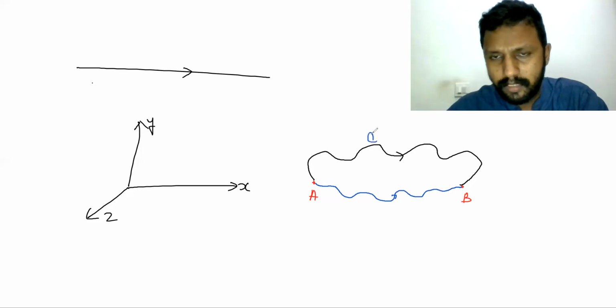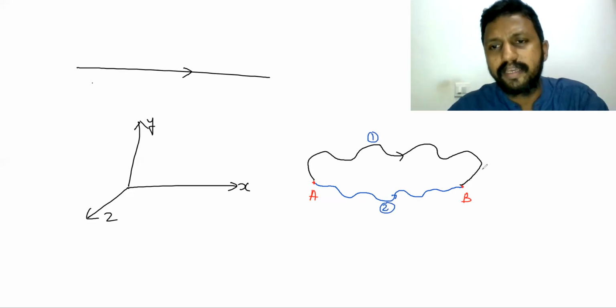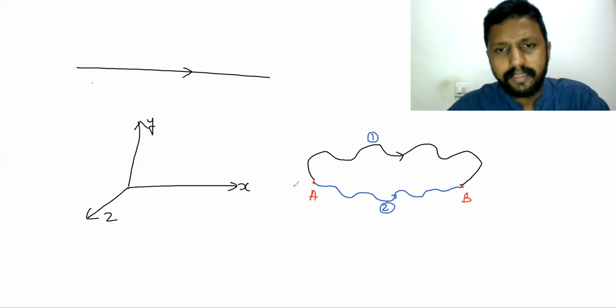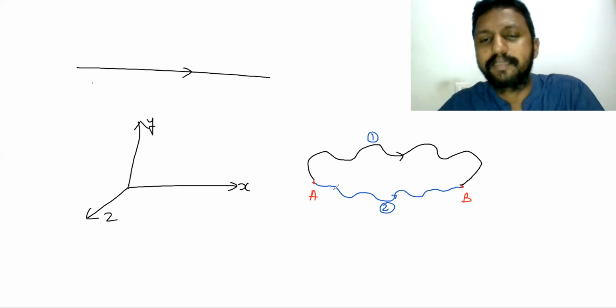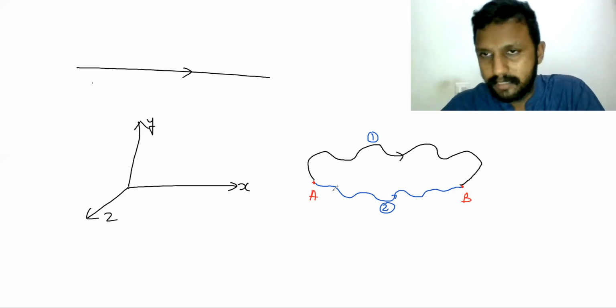Therefore, if this is the first person and this is the second person, the first person is traveling a greater distance when compared to the second person. But their initial point and final point are same, but the distance is not same. Okay. Therefore, the total path covered by the substance is distance.